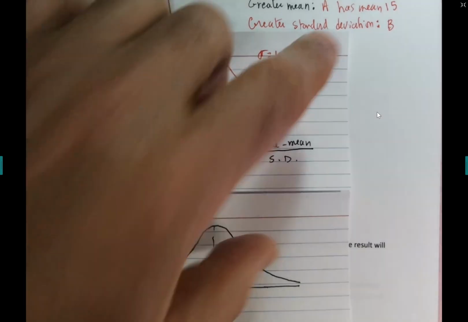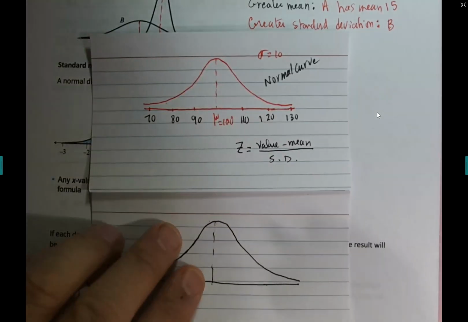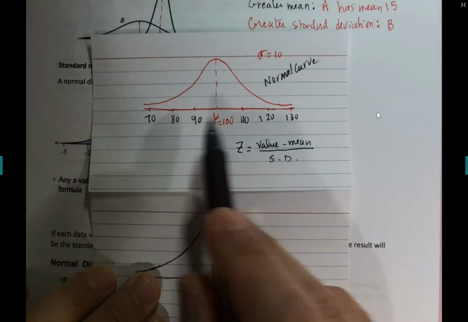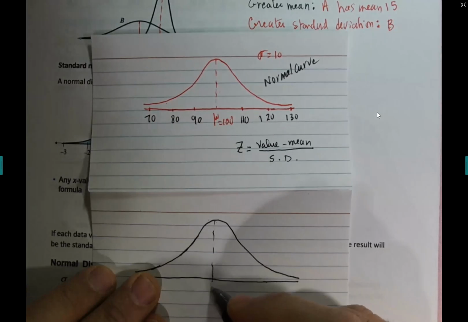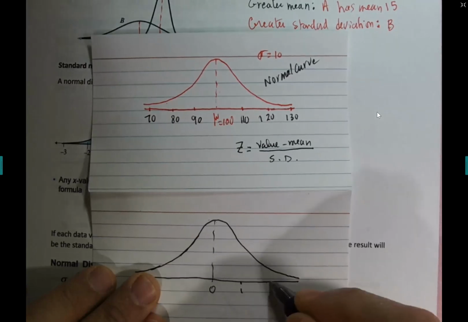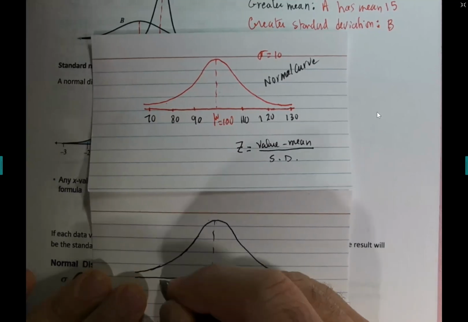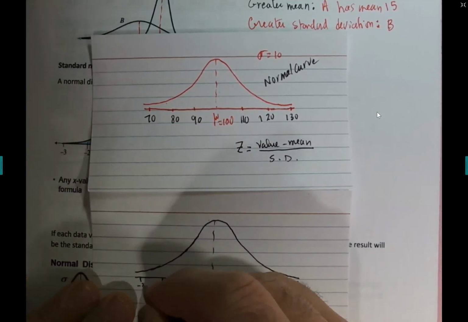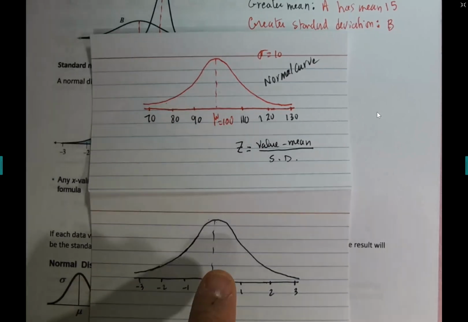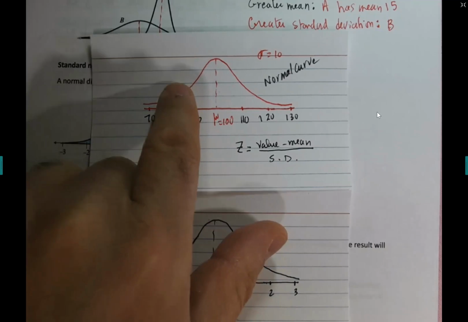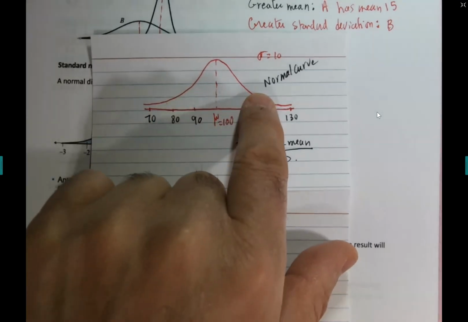So you can redraw the normal curve using this technique, guys. Instead of putting 100, 110, 120, 130, 90, 80, 70, look what I'm going to put. The one in black is exactly the same as the one in red, but this is called the normal curve.